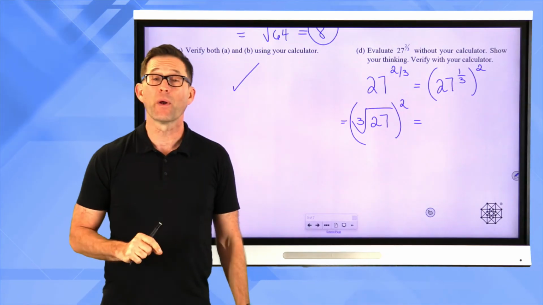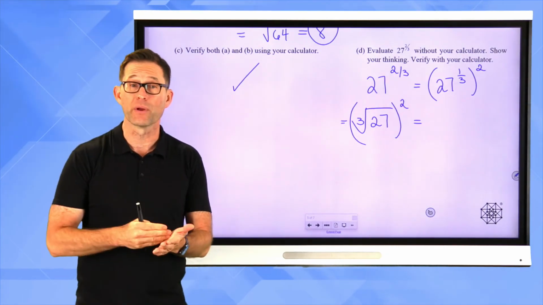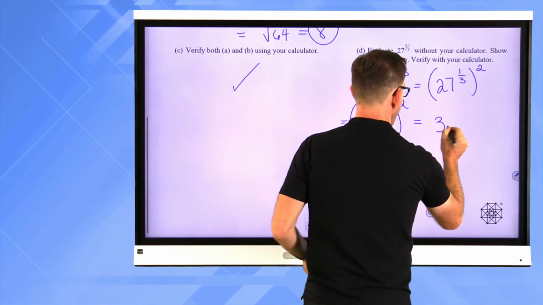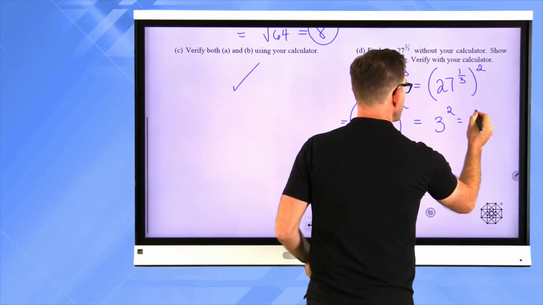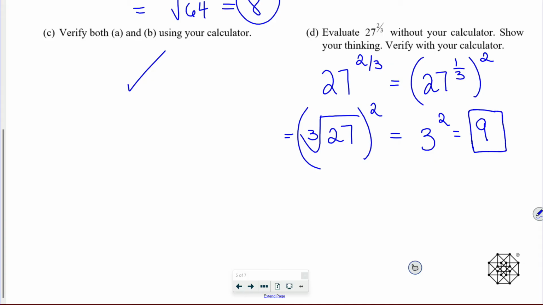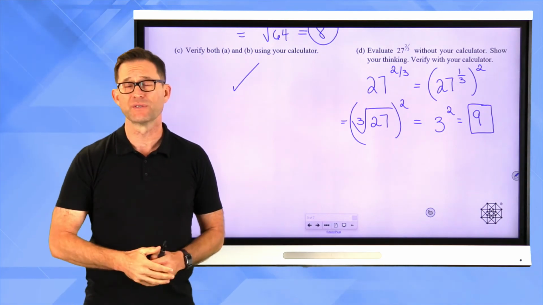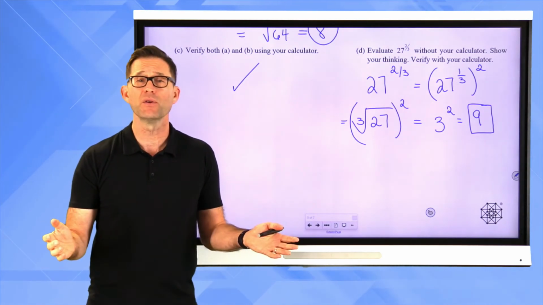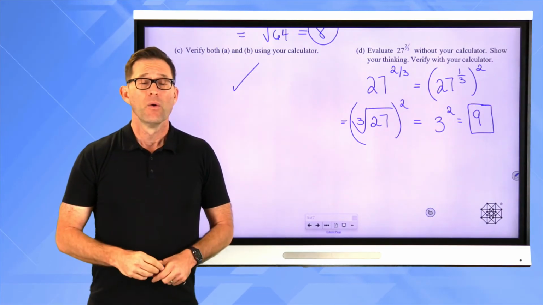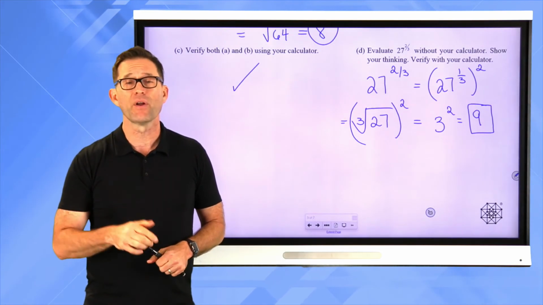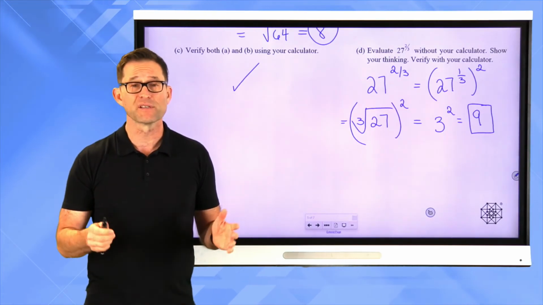The cubed root of 27 is equal to 3, right? 3 times 3 times 3 is 27. And 3 squared is 9. Now you may have said to yourself, yes, but I can easily just put 27 to the 2/3 into my calculator, and my teacher always allows me to use my calculator. Well, that's absolutely true, but then that's circumventing every single bit of knowledge that we want you to get from this lesson.